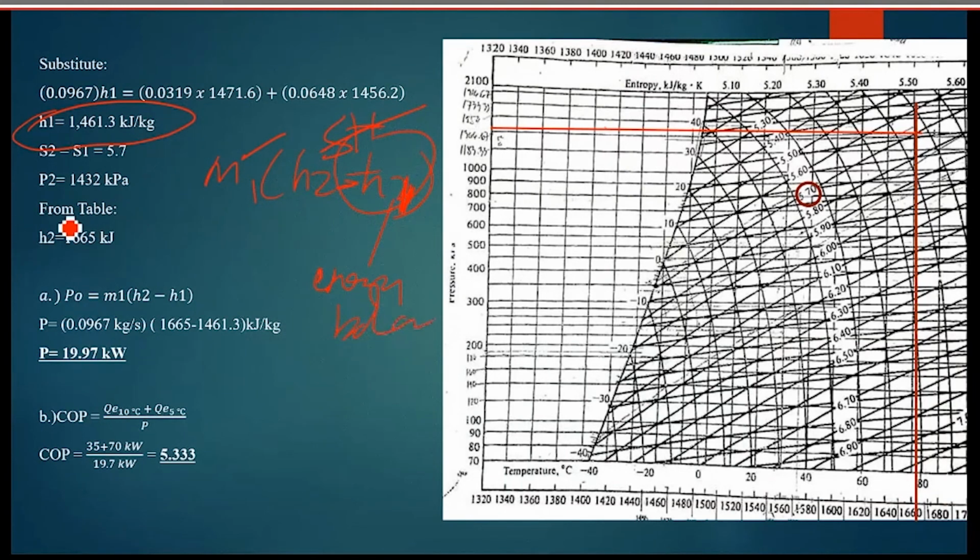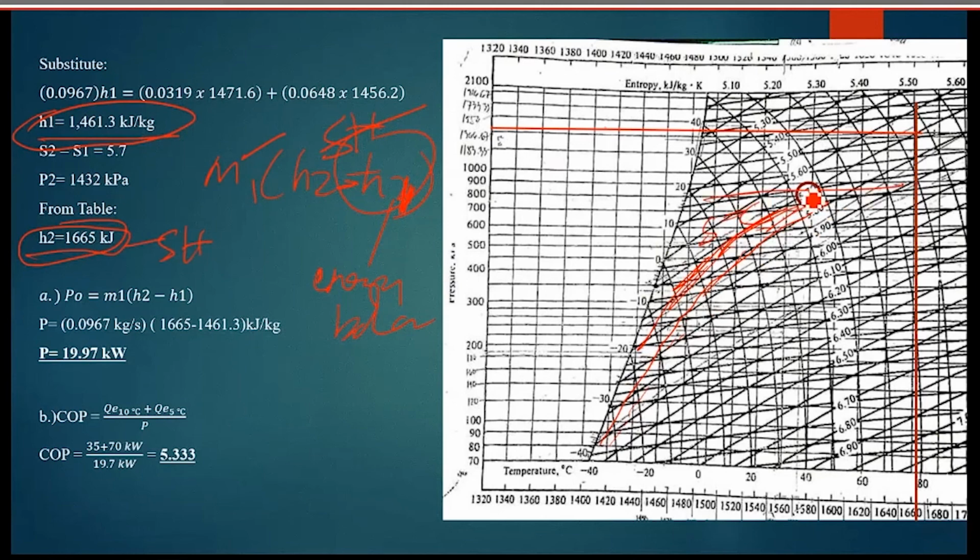But H2 we were able to get because it's in the superheat region here. Look at this, the constant entropy, S equals C.